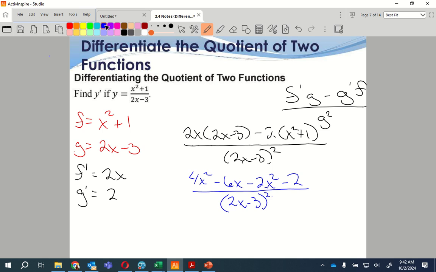So I'm going to get a positive 2x squared, negative 6x and minus 2. Are we okay?